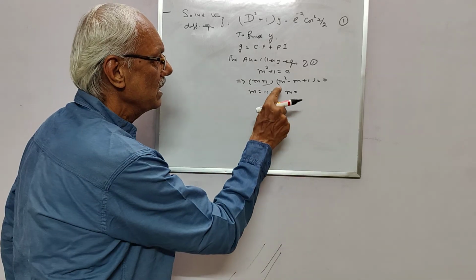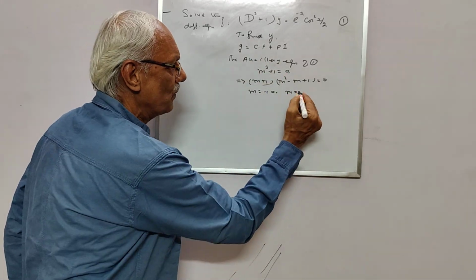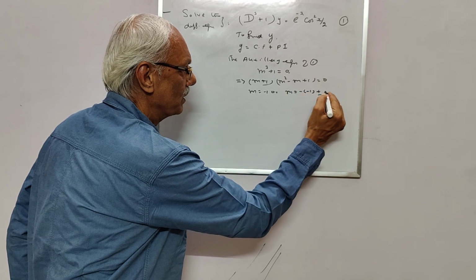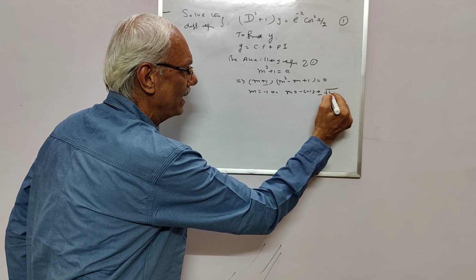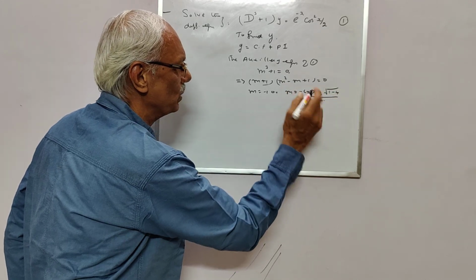Using the formula, identifying a as 1, b as minus 1 and c as 1, we get minus of minus 1 plus or minus square root of b squared minus 4ac, divided by 2a. 2a means 2 into 1.